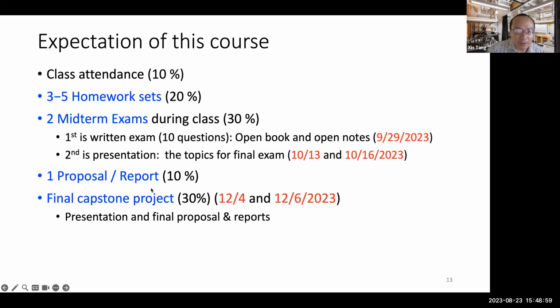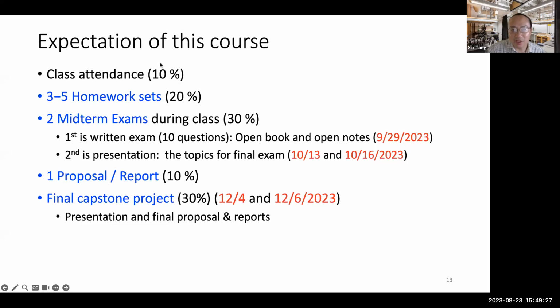Okay. So for the final presentation, it will have 30% for the presentation, and then we need you to write a report or proposal to explain this topic in text. Okay, that will be the 10%. So overall, those are all the parts you will need to do, and those actually will help you to learn the material better.